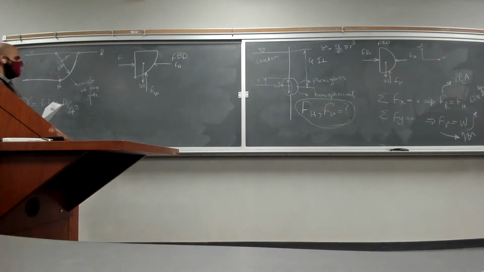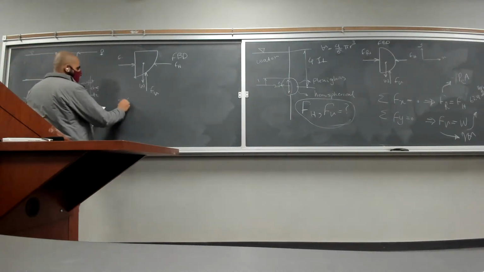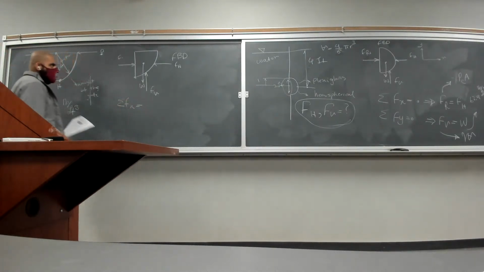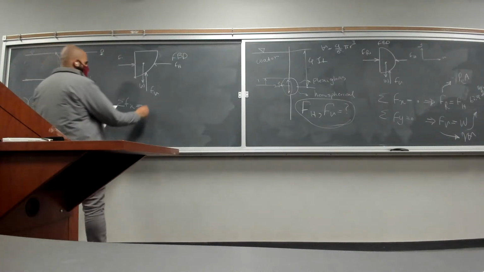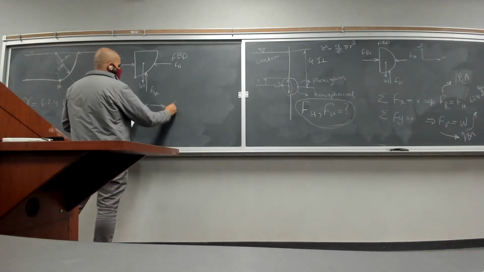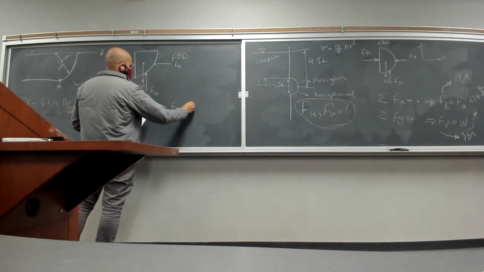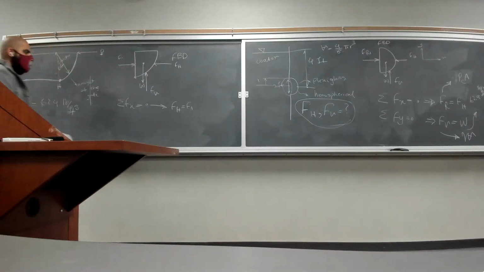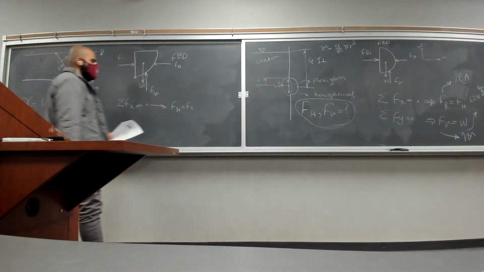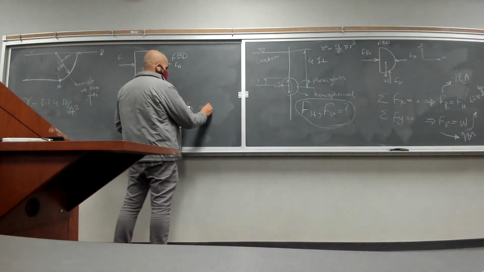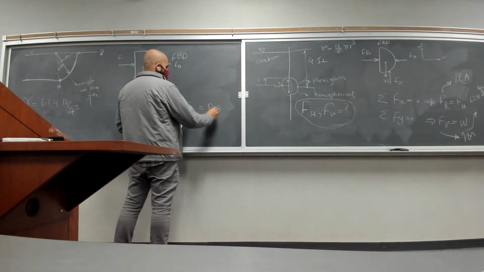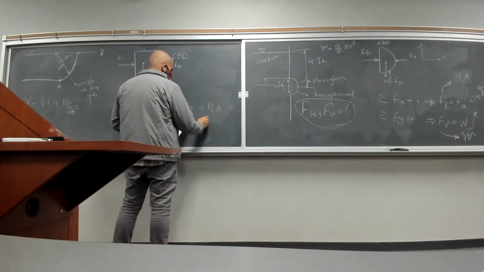No. Okay. So sigma F in x direction is going to be equal to 0, which means that your horizontal force is going to be equal to the force of this body, which is going to be equal to pressure at the centroid multiplied by A. Right?